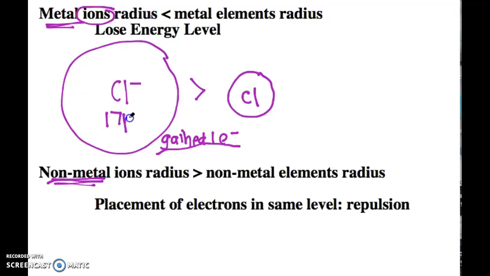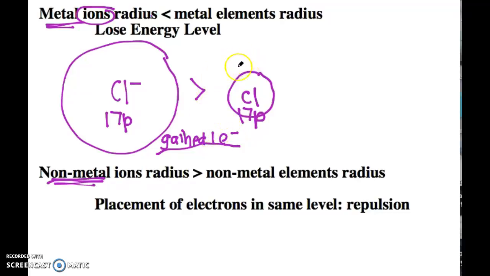In our chloride ion, we have 17 protons, and we also have the same number of protons over here in my chlorine atom as well. So chlorine also has 17 protons. So even though there is a difference in the number of electrons, the protons will always stay the same. Otherwise, if you change the number of protons, it would be a whole other element.